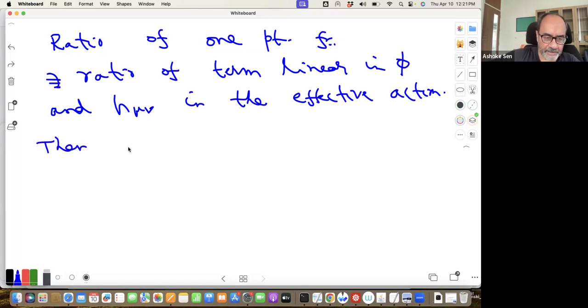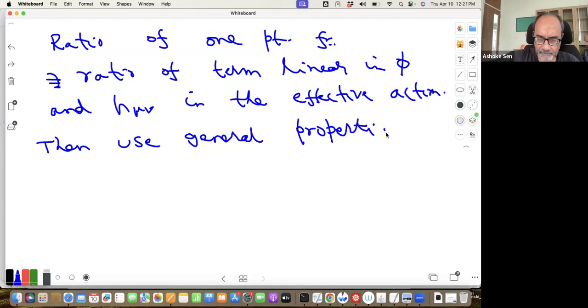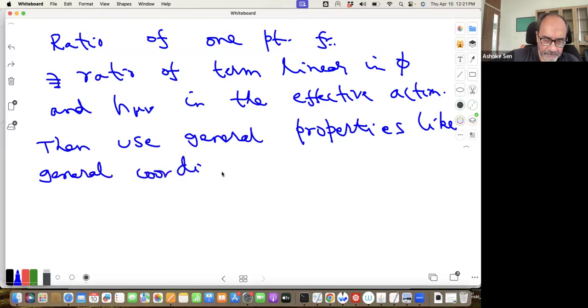And then we use general properties like general coordinate invariance. General coordinate invariance follows from the fact that the pure gauge modes decouple, right? In all S matrix elements, the pure gauge modes decouple, and that implies that the effective action must be general coordinate invariant. So you basically use general coordinate invariance to determine the form of the effective action.